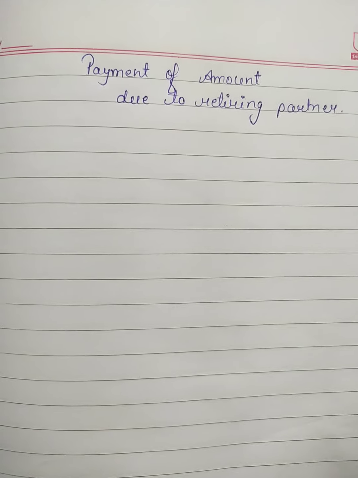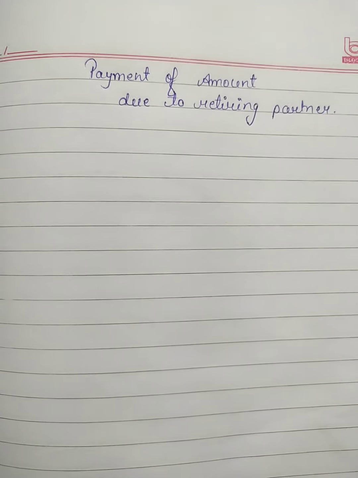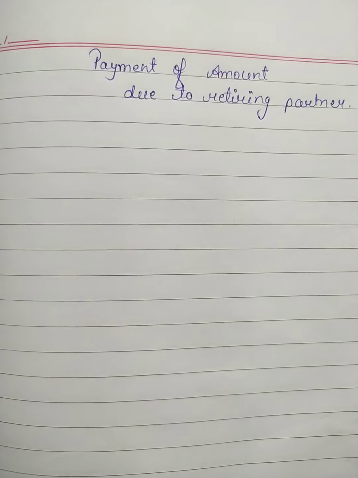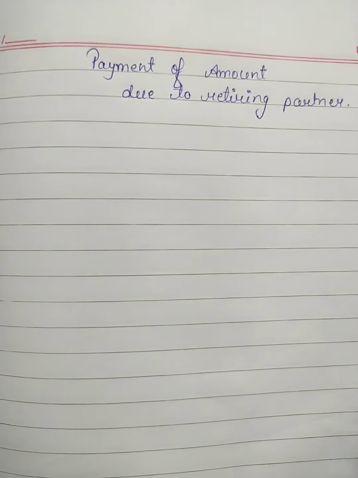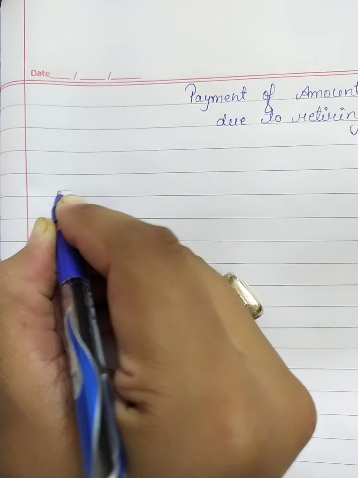Okay. So students, after the adjustment of everything like revaluation, profit or loss, reserves that is shown in the P&L, the goodwill adjustment, after all these adjustments, whatever the payment that is due to retiring partner, we have two options to pay it.